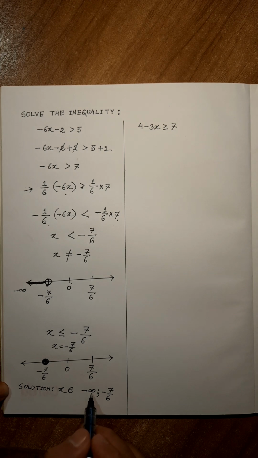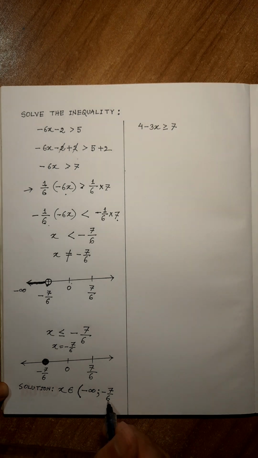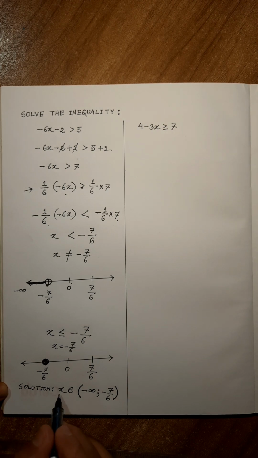Negative infinity, we never include, so we are going to put this. And negative 7 over 6 is also not included, so we will close the interval like this. So, x belongs to this interval from negative infinity up to negative 7 over 6, but negative 7 over 6 is not included.